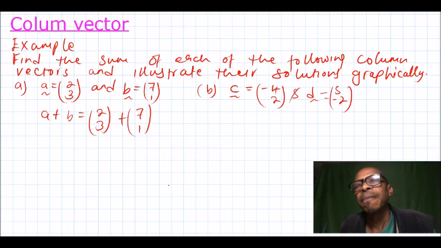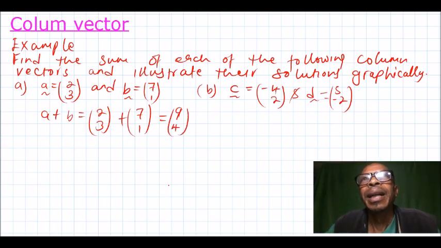So you add the corresponding components. 2 plus 7 will give you 9, and 3 plus 1 is 4. We can illustrate this graphically.